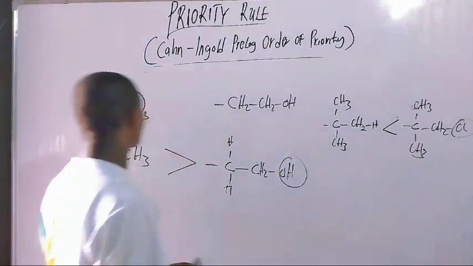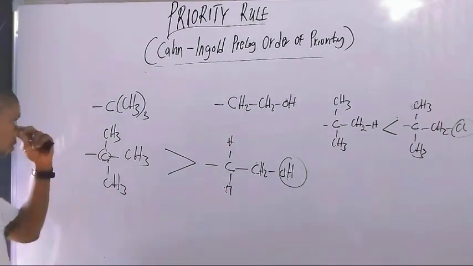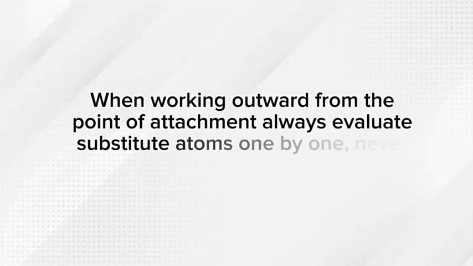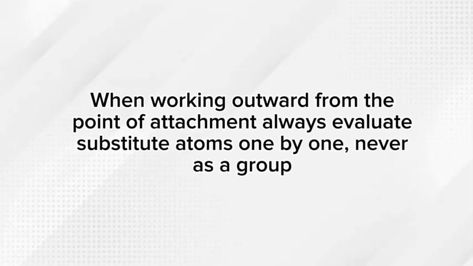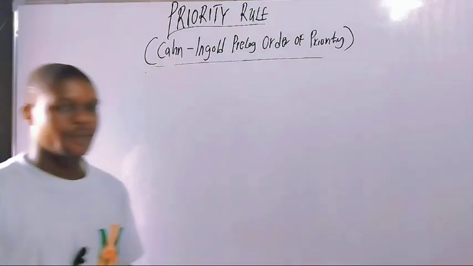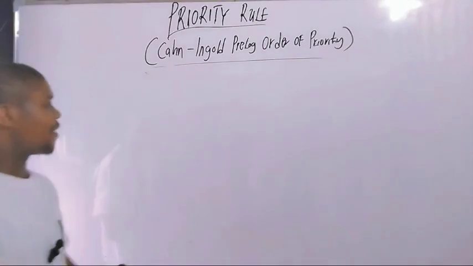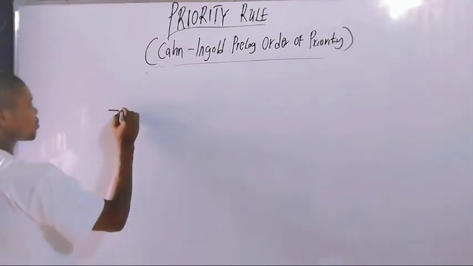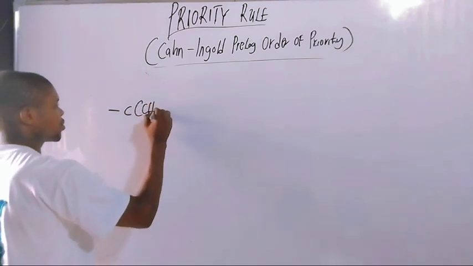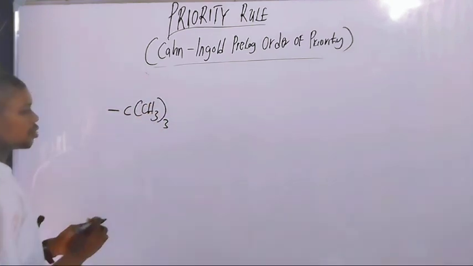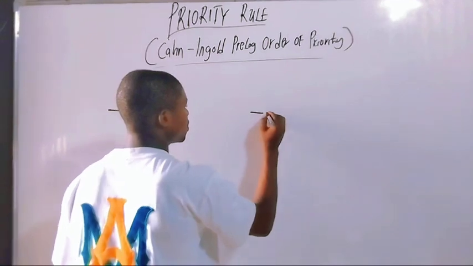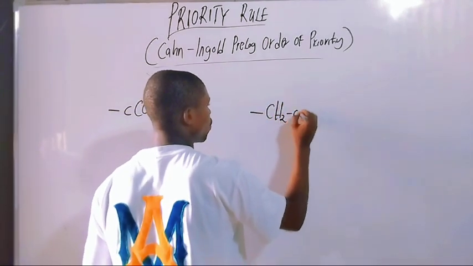So let me talk about rule number 4. Rule number 4: when you're working atoms for the point of attachment, always evaluate substituent atoms one by one, never as a group. So this will be explained to you now. Very, very important. Pay attention. So if for example you have CH3, and I have CH2OH.